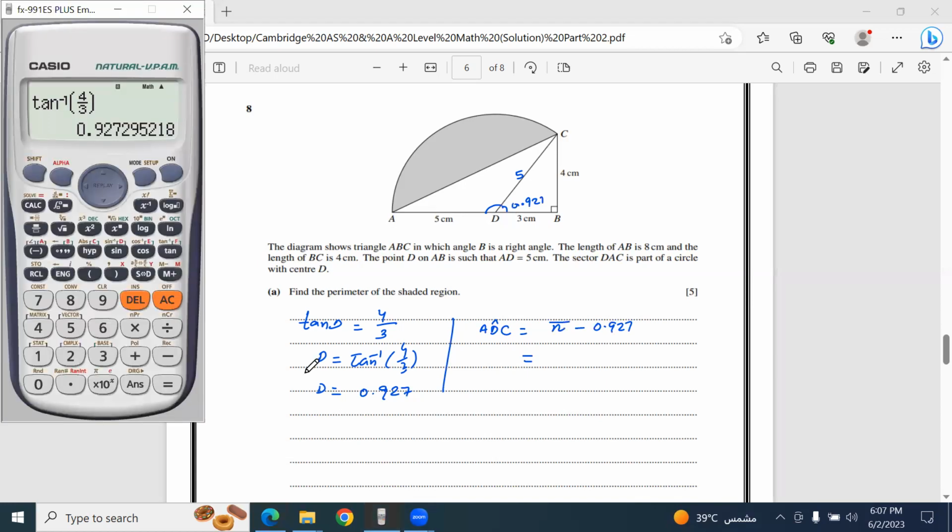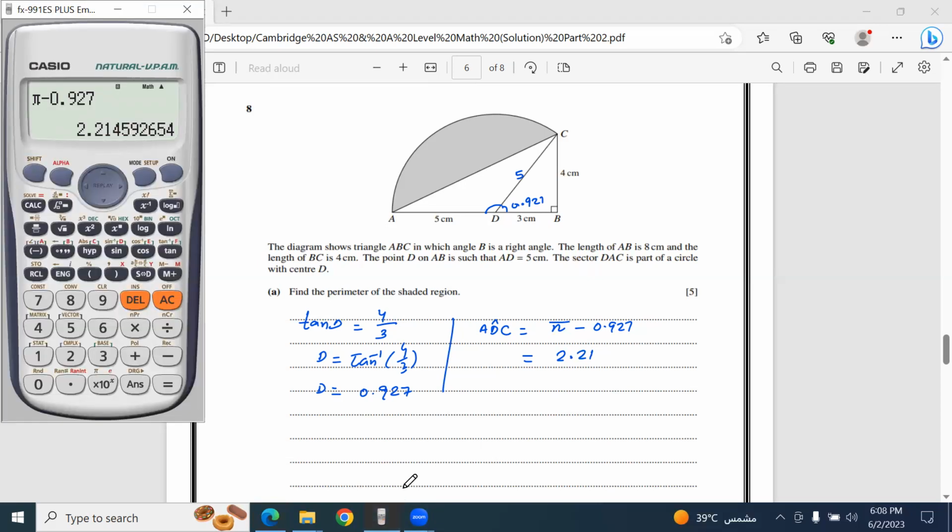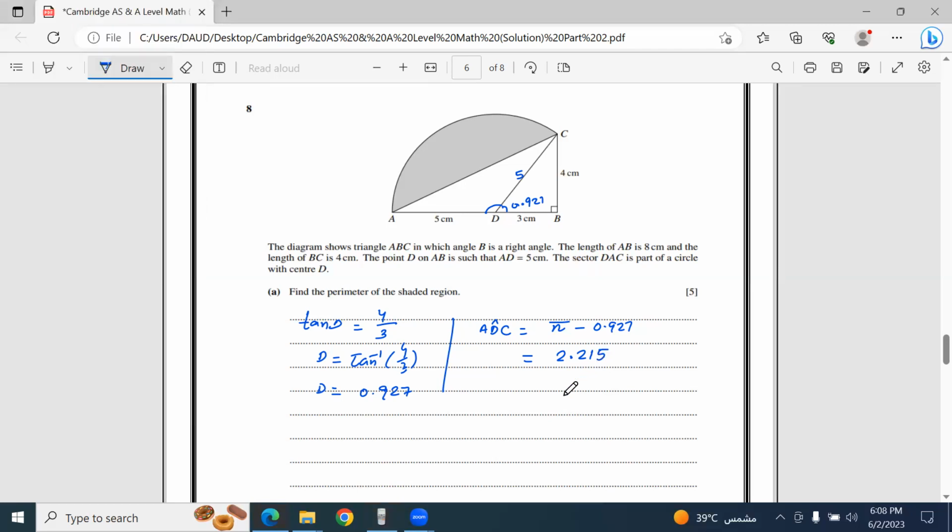Checking again with the calculator, pi minus 0.927 gives me 2.21, or more precisely 2.215. So that is my angle.